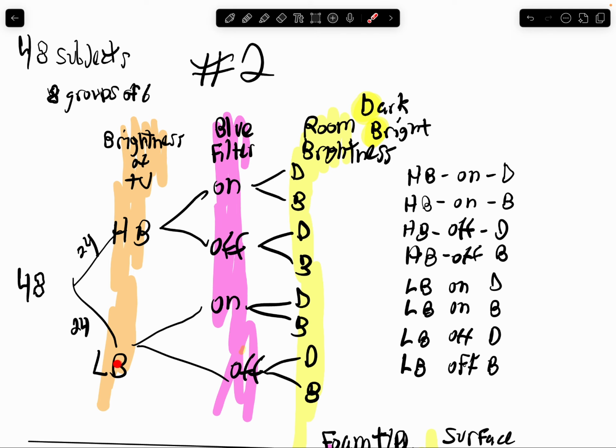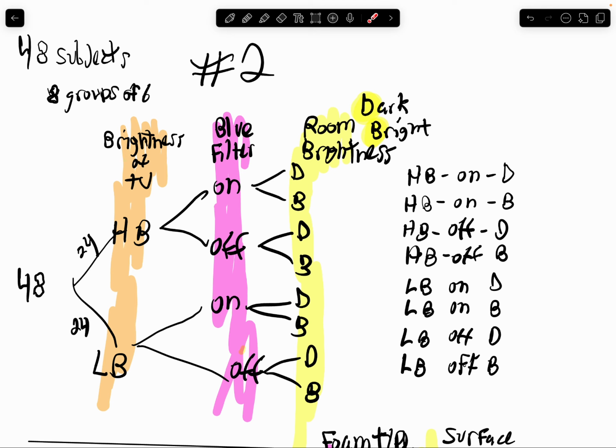the low brightness, and we're going to have them looking at low brightness on in a dark room, low brightness on in a bright room, low brightness off dark, low brightness off bright room.